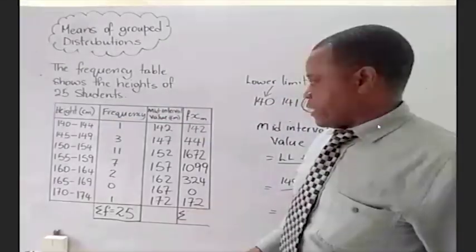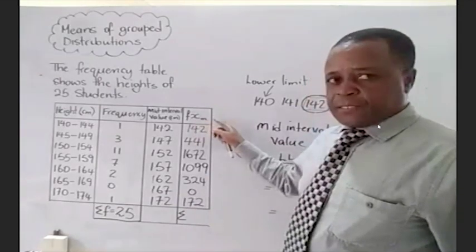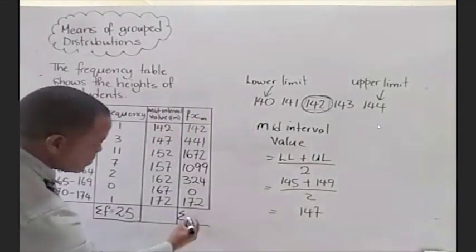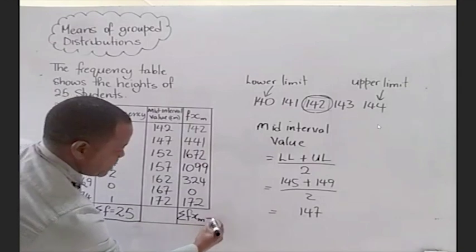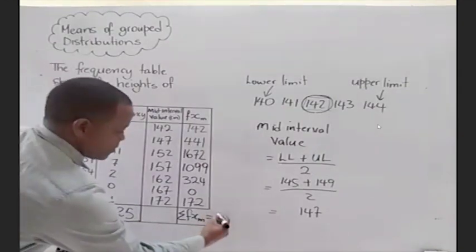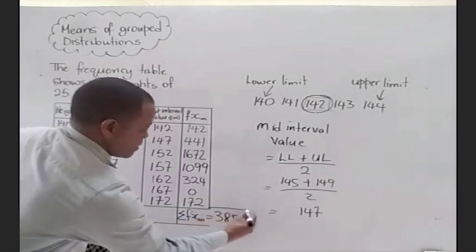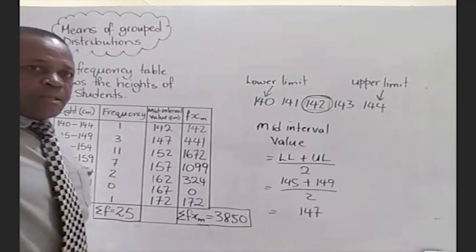So when we go ahead and sum our fxm, we should get an answer, which is the sum of fxm, and this is now equal to 3,850. That's the sum of our fxm there.